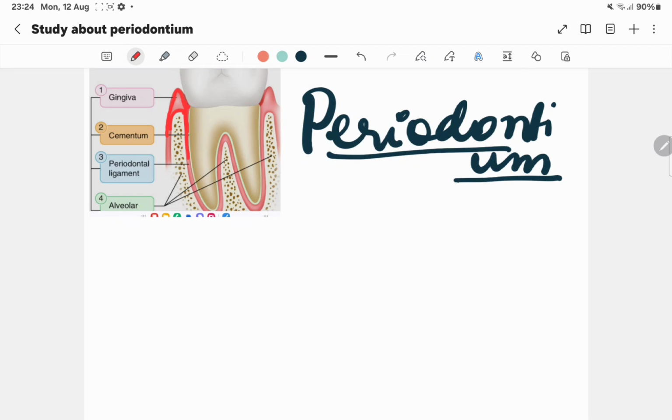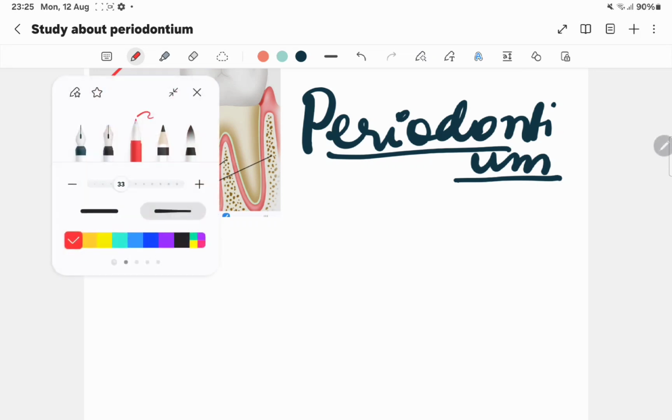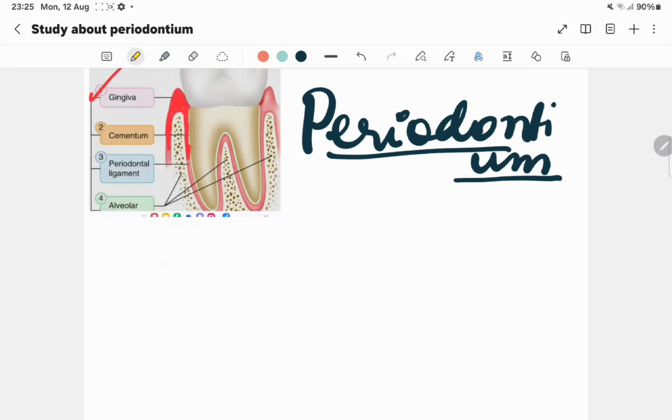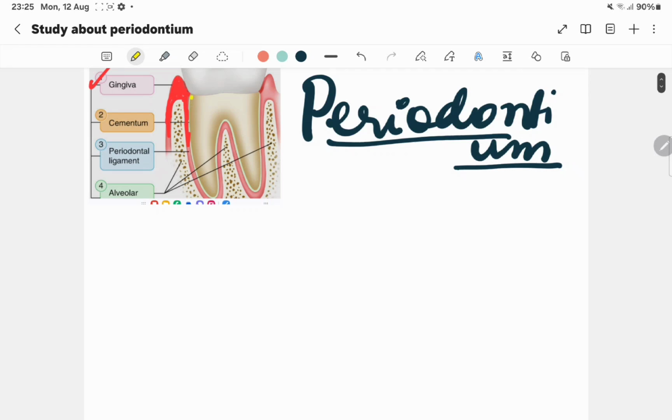This is the tissue around your teeth. So this gingiva is the first part of your periodontium. Second, coming to cementum. This is your root and this is the cementum. So second part is your cementum.